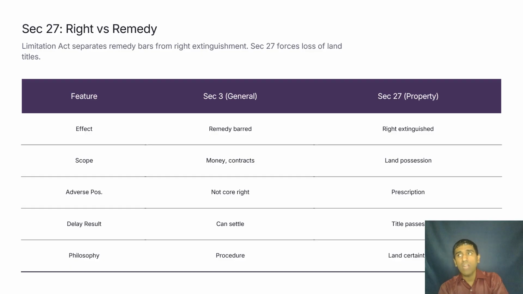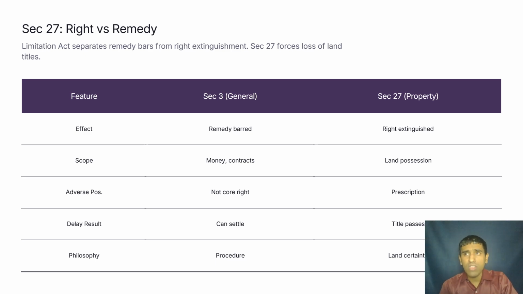Essentially, section 27 penalizes the original owner for taking too long to do something about illegal occupants on his land. So section 27 mandates that you must take action within a reasonable amount of time if you want to reclaim whatever land has been illegally occupied by other people which belongs to you.